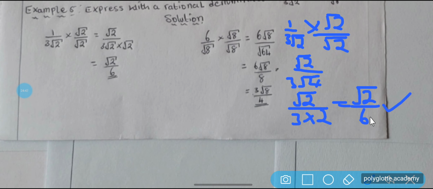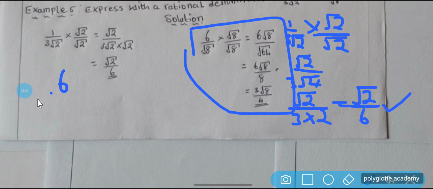That's good. Now for the other one, we have 6 all over root 8. So we're going to solve it here. So you multiply top and bottom by root 8.